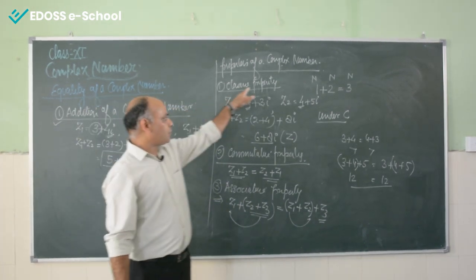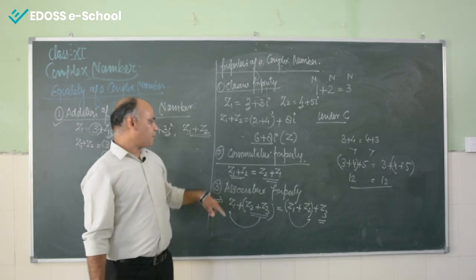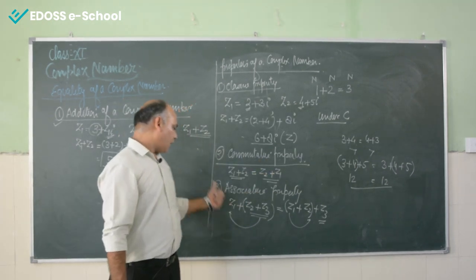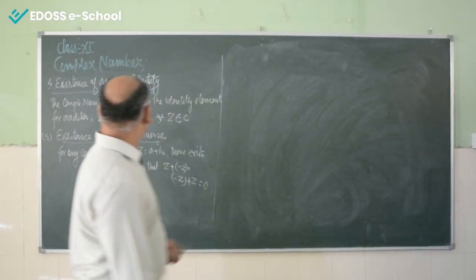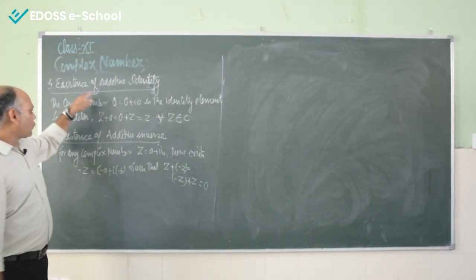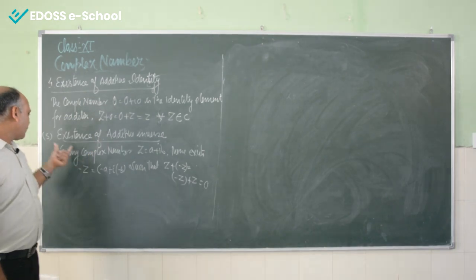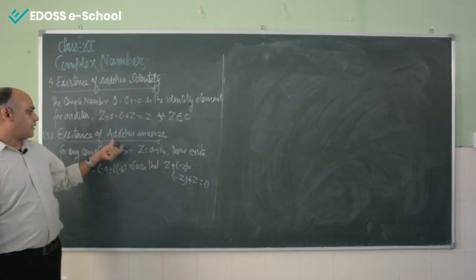The first property is closure property, second property is commutative property, and the third property is associative property. Now there are two more identities. The first one is existence of an additive identity and the last one is existence of an additive inverse.